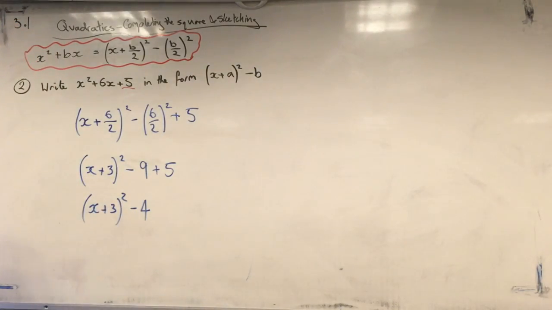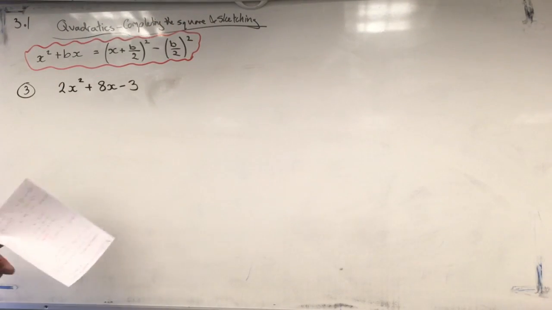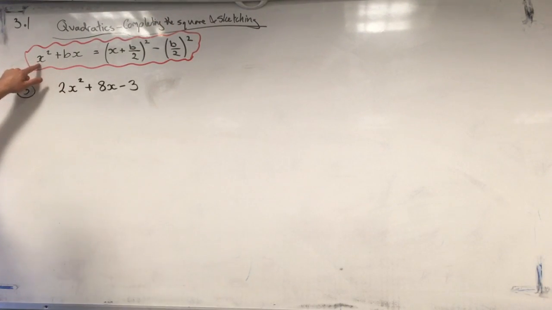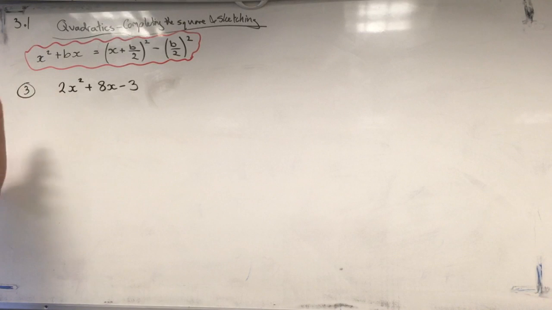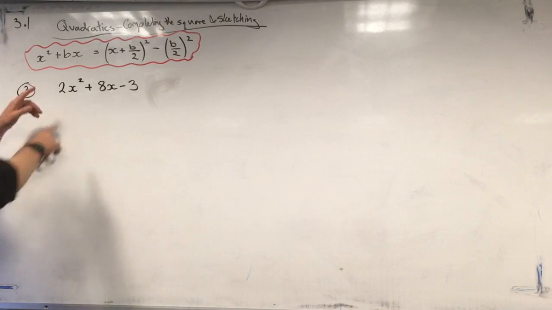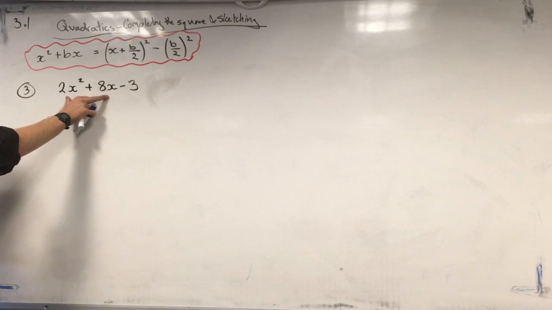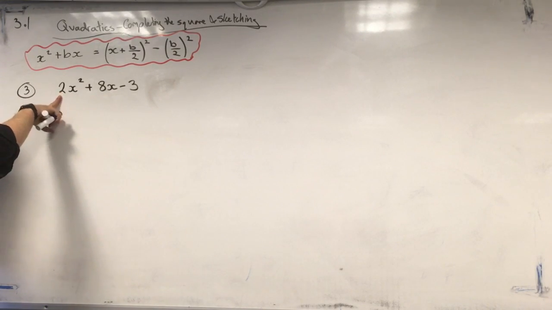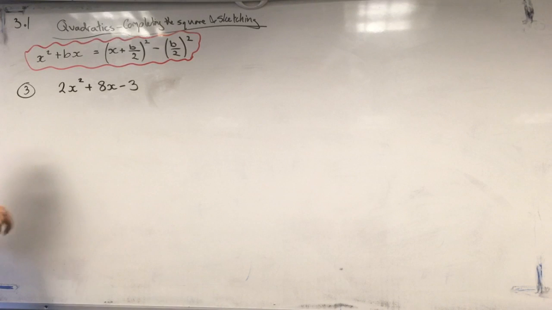Right, let's try an even harder one. Okay, so this time we don't have x squared at the front, we've got 2x squared, which is a problem. So we're going to, again, divide through to get rid of that 2 that we don't want in front of our x squared.